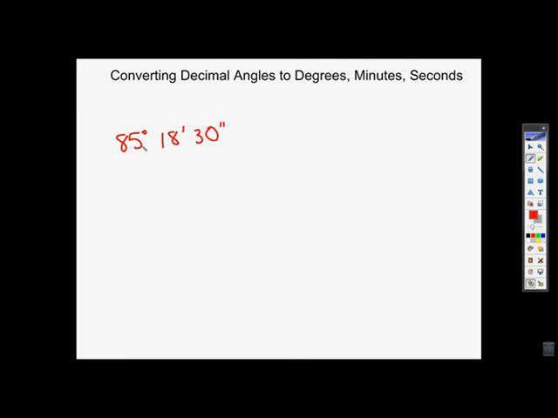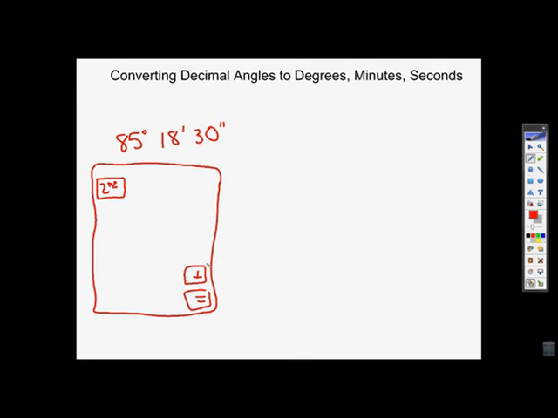Much like time, angles can be broken further down from degrees into minutes, that one little tick mark, and seconds, two little tick marks. Now if you have your calculator, you'll see up in the corner we have our second function key. Down here in the other corner of the calculator, I think it's equals and maybe plus. If you look above those buttons written in yellow, you'll see two things.